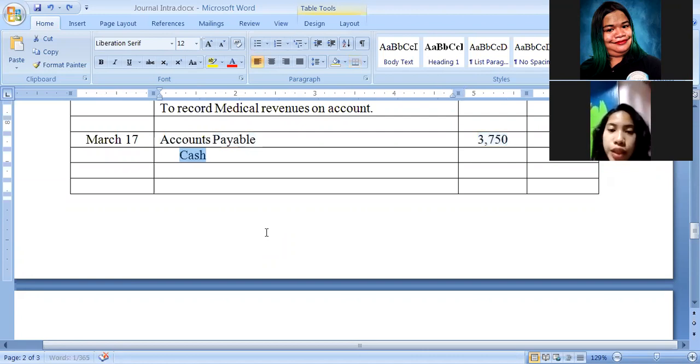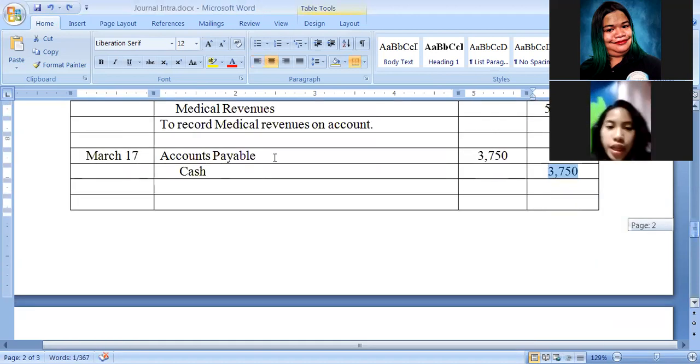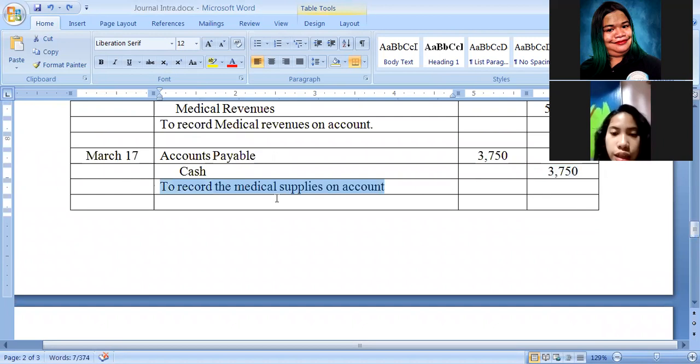Then proceed ta niya sa credit, which is the cash, kay nakuhaan or na-decrease man ang ato ang asset, which is the cash, on the amount of 3,750 as well. Dayon, it is to record the medical supplies on account.